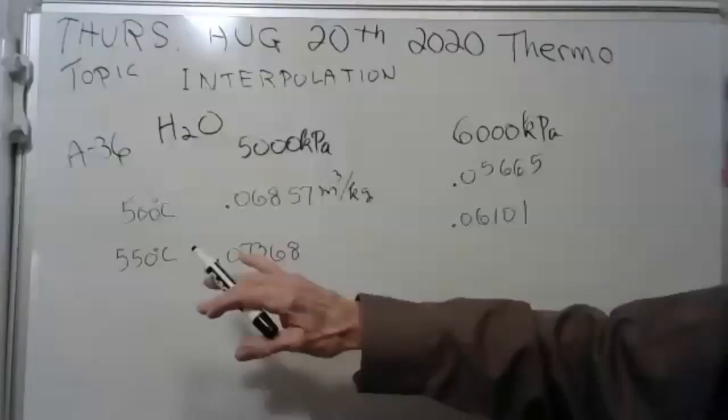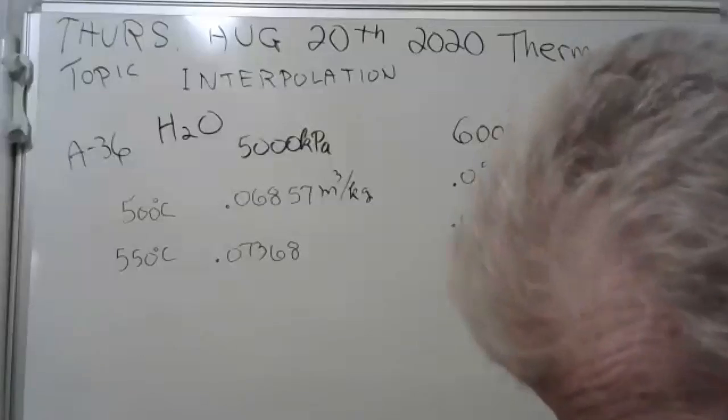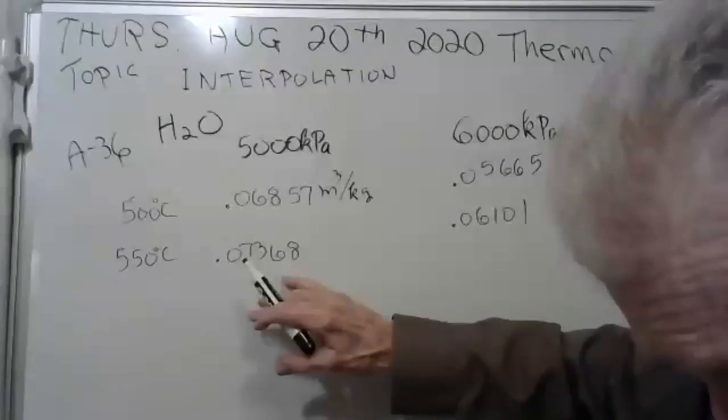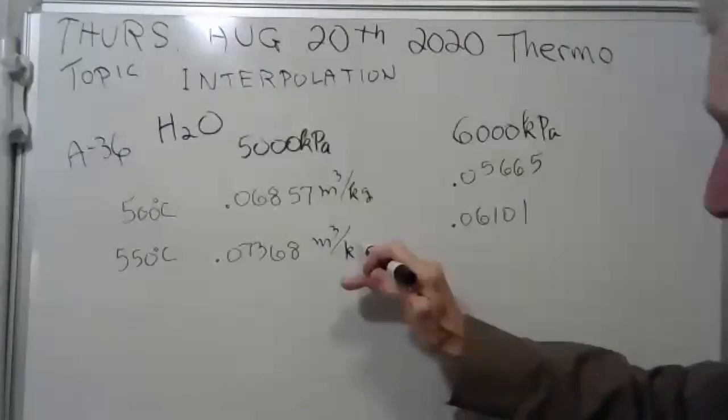And at 5,000 kilopascals and 550 Celsius, back here in the tables, it's 0.07368 cubic meters per kilogram.